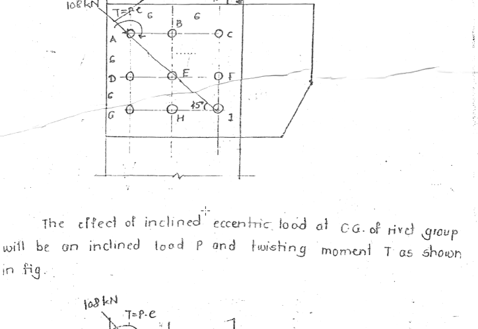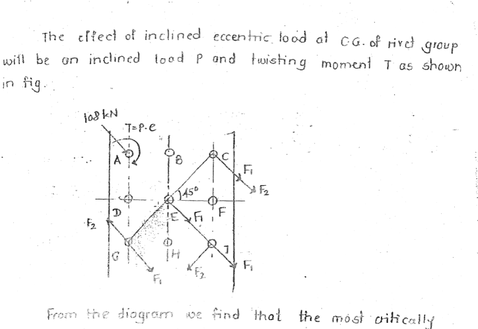One assumption is that this force has to be distributed equally on all the bolts or rivets. So this 108 kN has to be divided on each bolt or rivet equally.